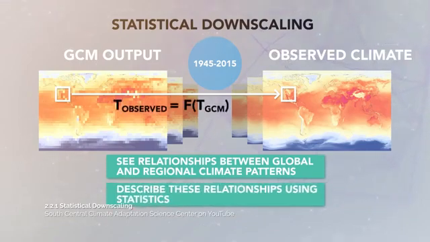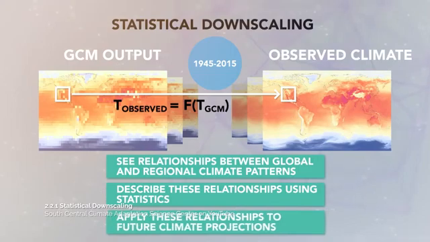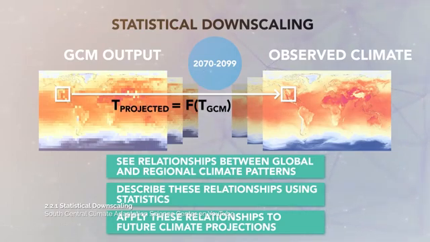While there are different ways of building statistical relationships, the simplest one is the transfer method, which includes a technique called the delta method. The delta method determines the projected change, or delta, of a climate variable from the GCM and applies it to the observations.